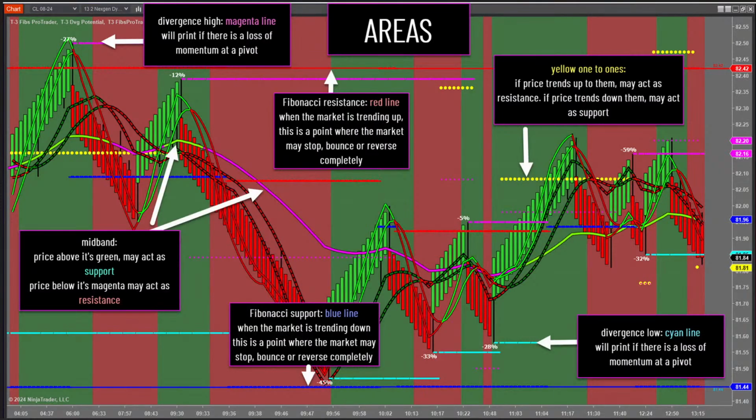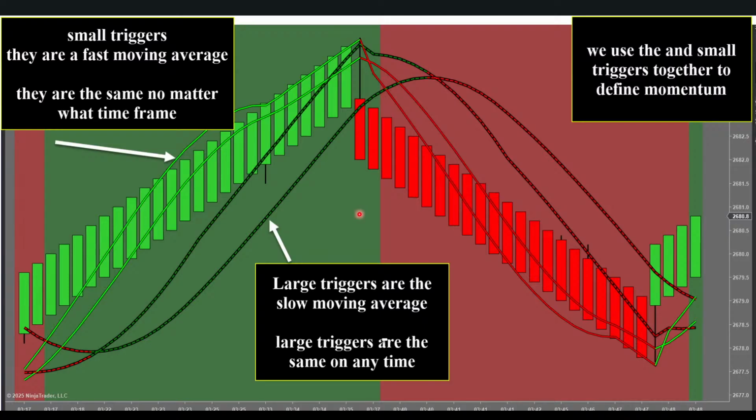That's your technical term. Triggers, well, technically they're moving averages. I'm not very mathy, so let's do it this way. There are small triggers. 2 solid lines create the small triggers. There are large triggers. 2 dashed lines create the large triggers.